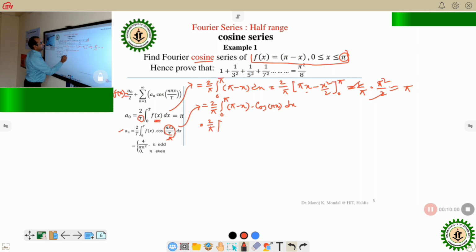Take pi minus x as fixed, and the integration of cos is sin(nx) divided by n, minus the derivative minus 1 times the integration of sine, that is minus cos(nx) divided by n square.